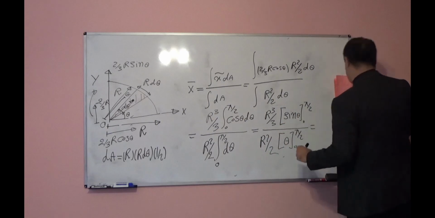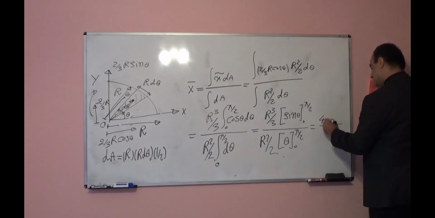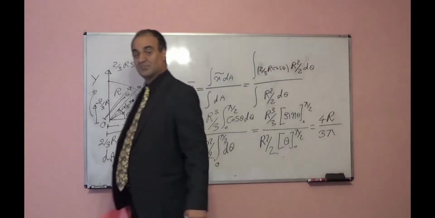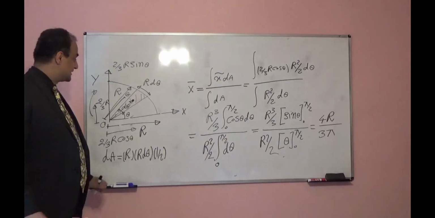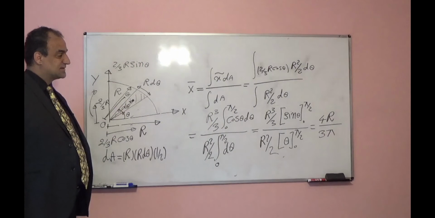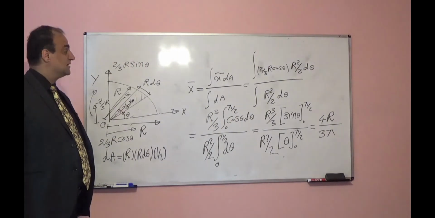If you plug this in, you will end up with 4r divided by 3 pi. So the centroid location in the x direction will be 4 times the radius divided by 3 pi.